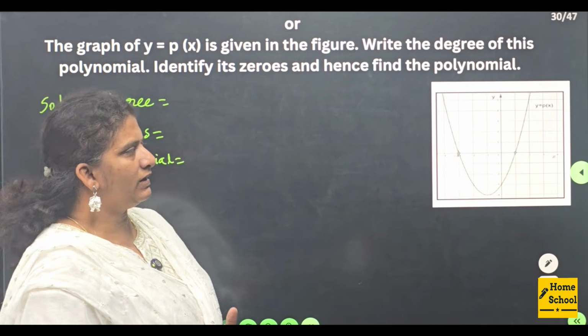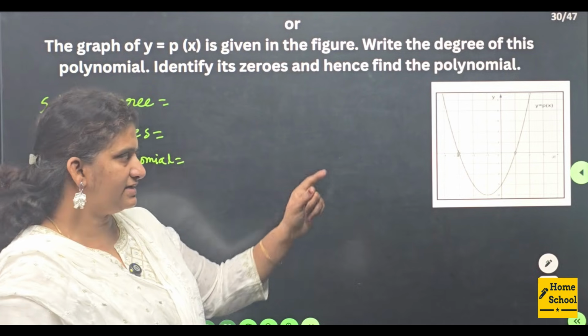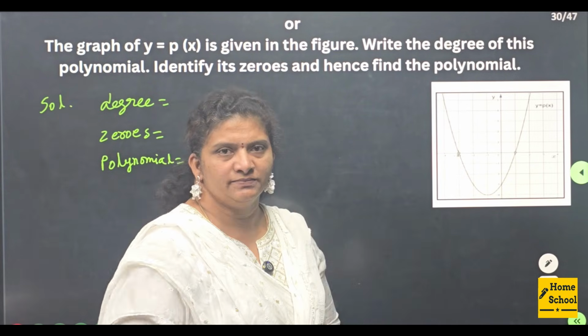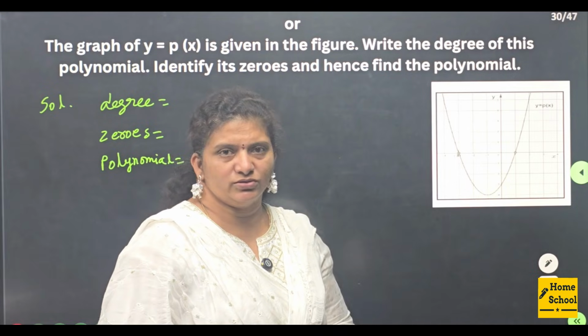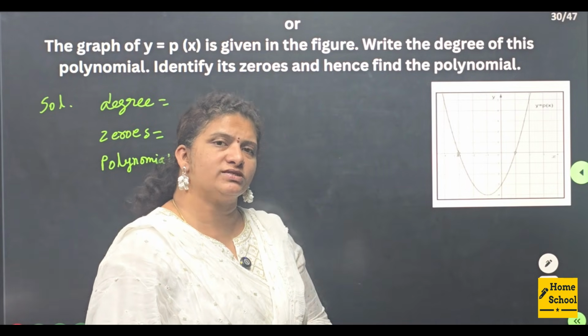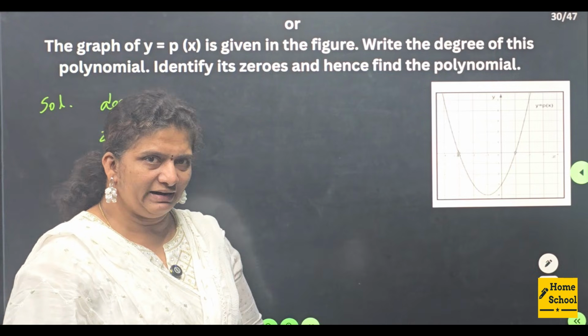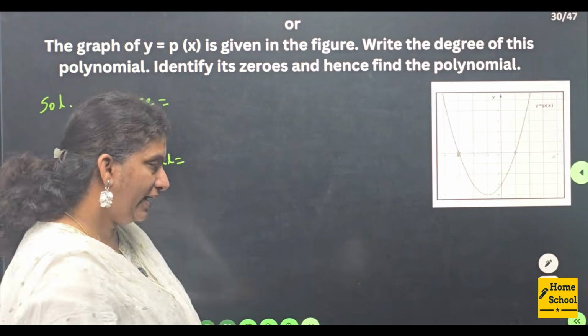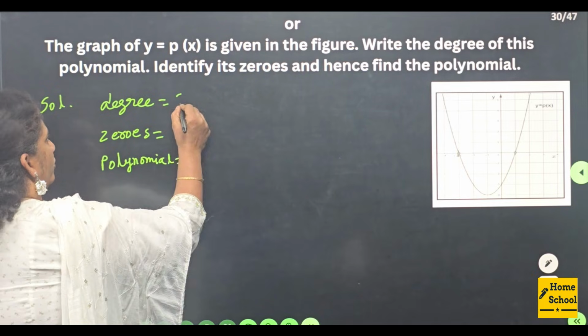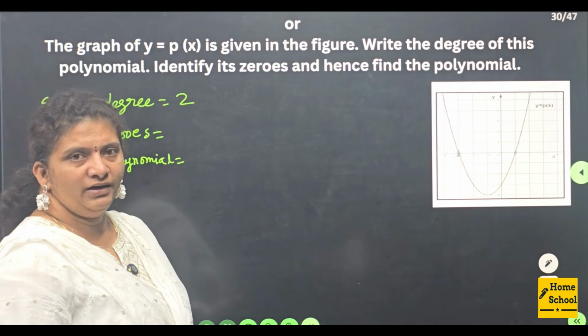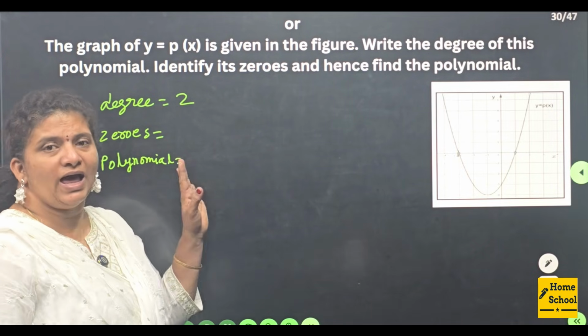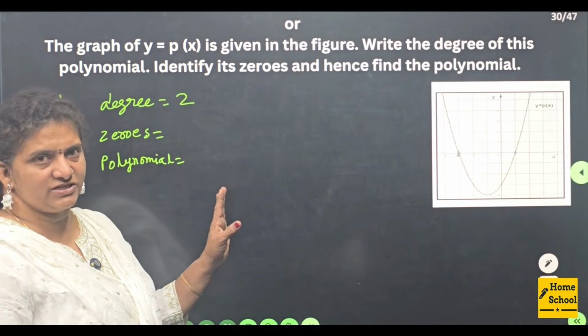See here, the curve is touching x-axis at 2 points. Means 2 zeros. If you have 2 zeros, then what is the polynomial? It is called as a quadratic polynomial. Quadratic degree will be 2. Right? 3 marks question. You have to write neatly with steps, children.